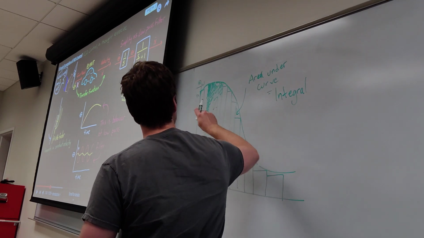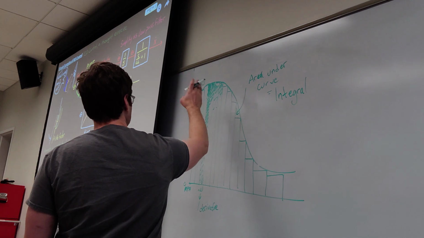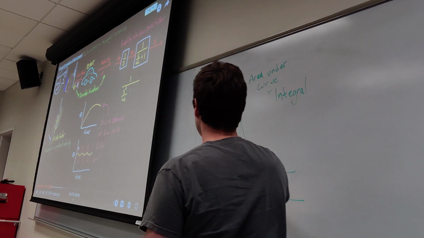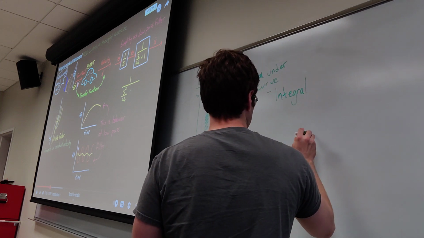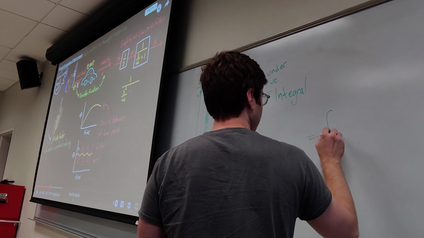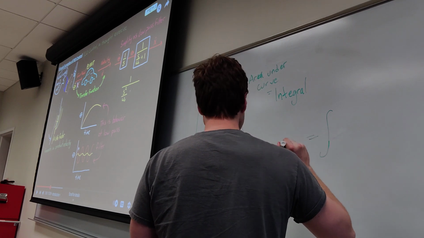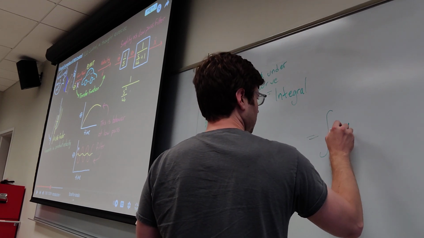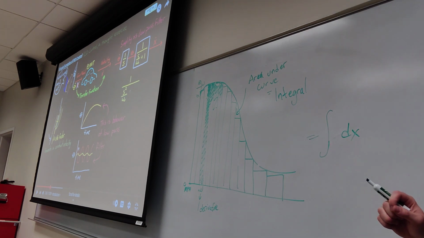So if you took a graph of the instantaneous power at each second, and then took the area under the curve of that, you would get the amount of energy you used. It's the integral of, dx. You guys have seen this funky math term before?